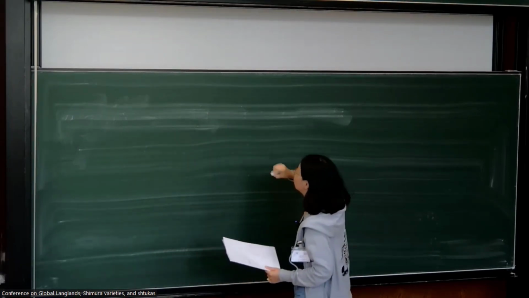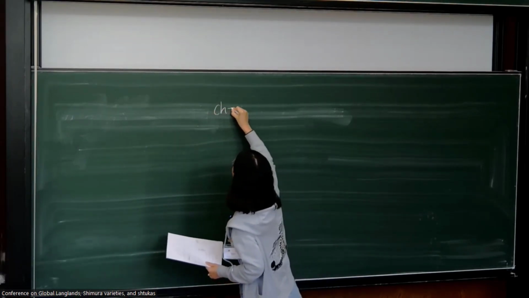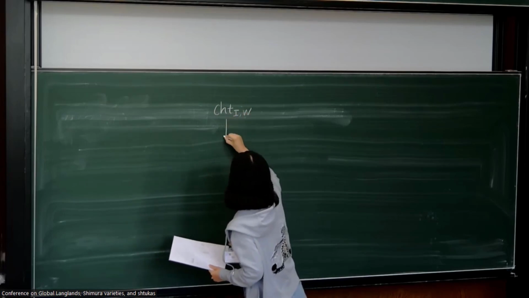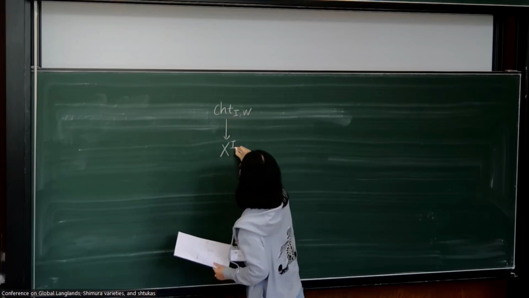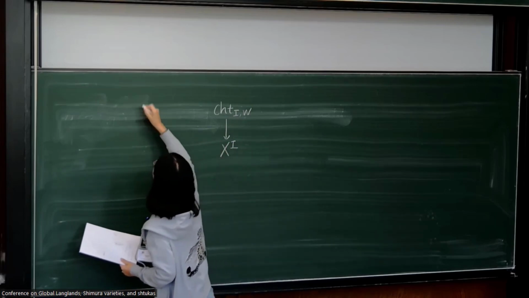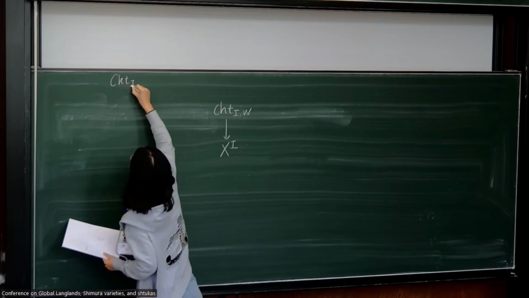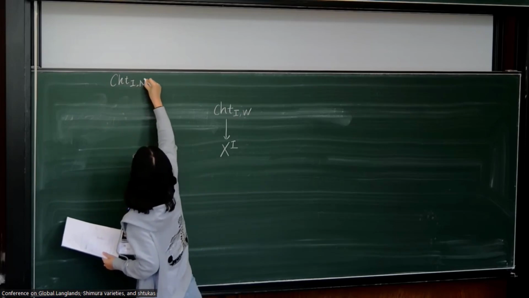So what I was saying, we have a shtuka without level structure. It is over X_i. We have a shtuka with level structure.